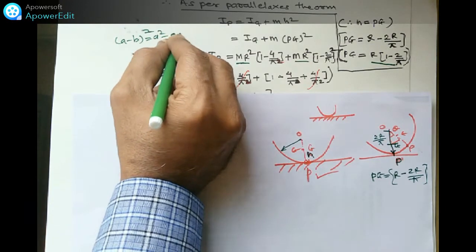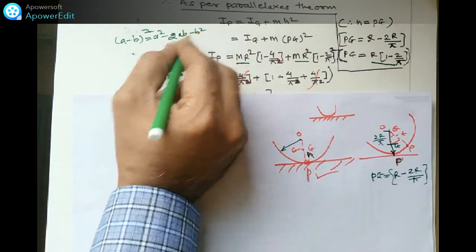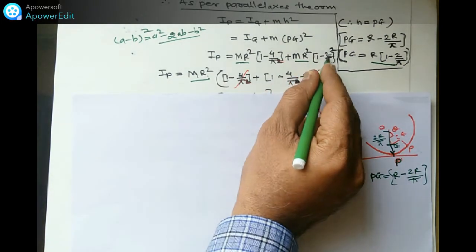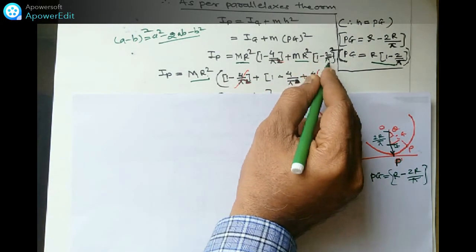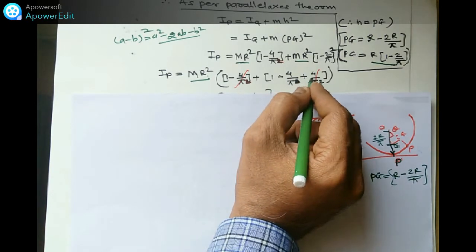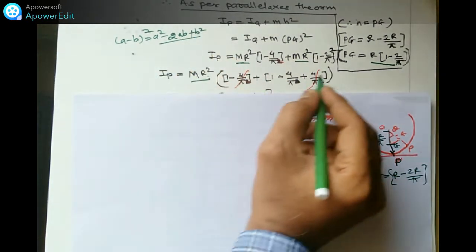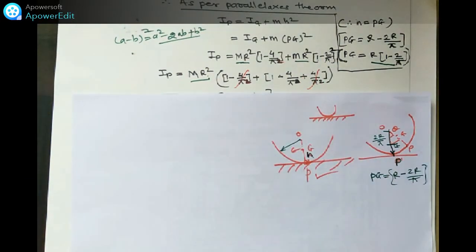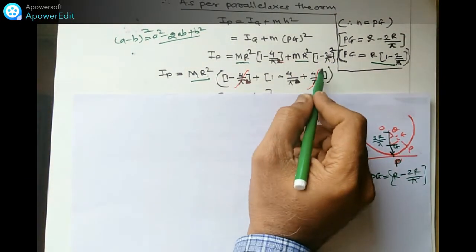So here it is written as A square, 1 minus twice 4 upon pi, plus B square. 2 square means 4 by pi square. If we write here, the 4 by pi terms get cancelled, and this 1 becomes 2.